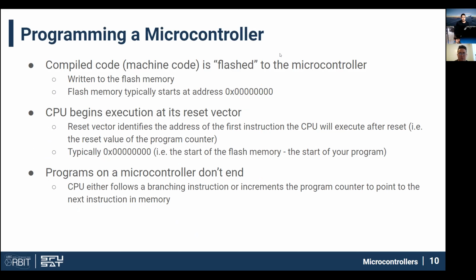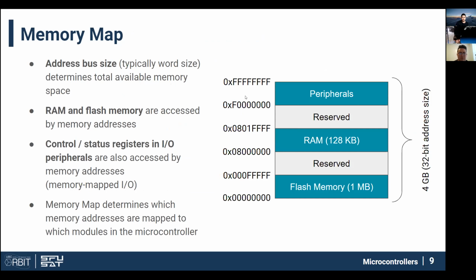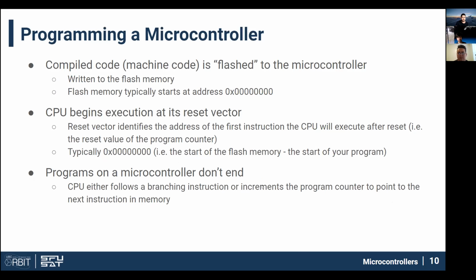So, programming a microcontroller. You compile the code. Julian's going to talk about the compilation process in quite some detail a little bit later today. Once your code is compiled, you write it to the flash memory, and this typically starts at address 0, like we showed here. So you upload your code into this section of the address space.